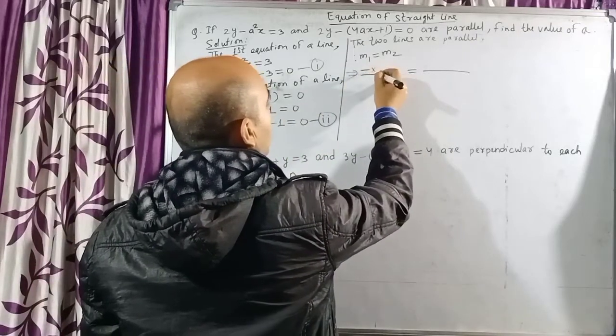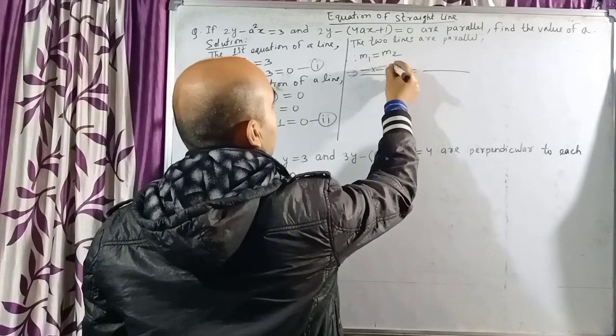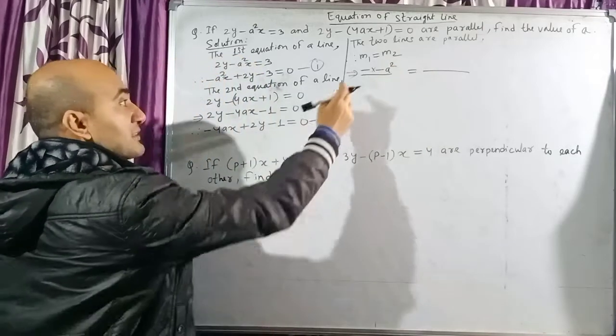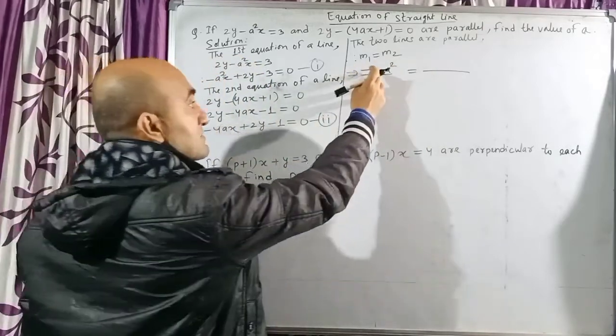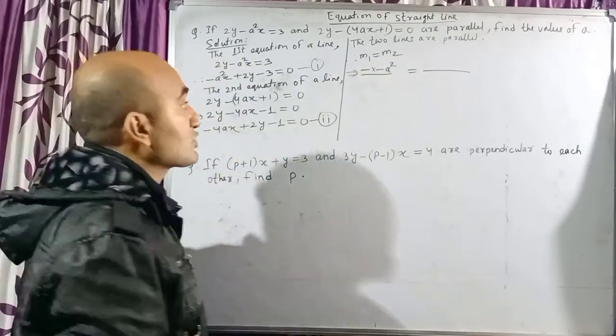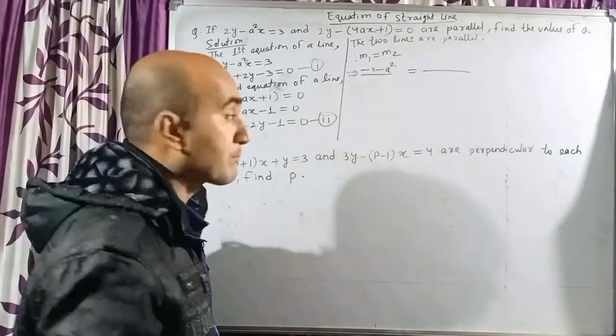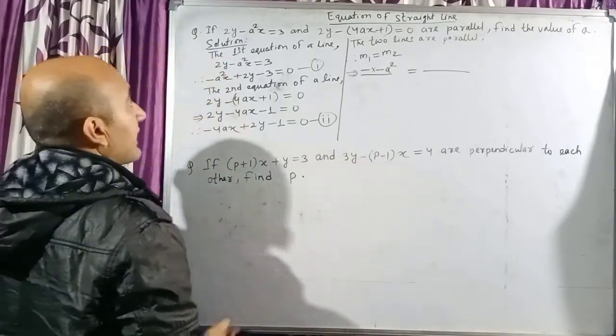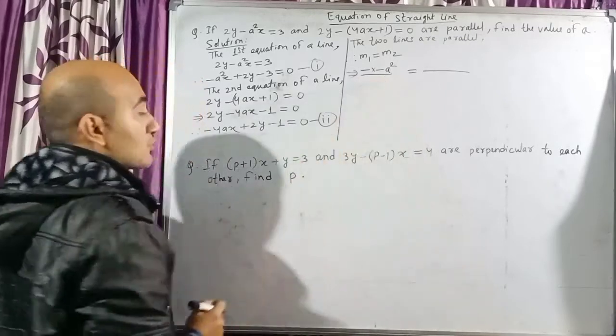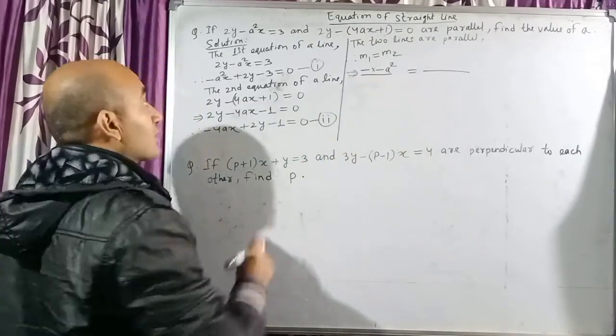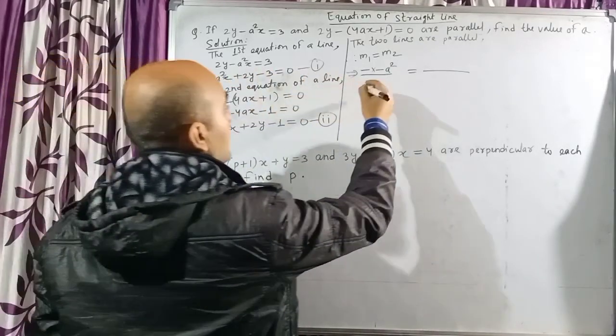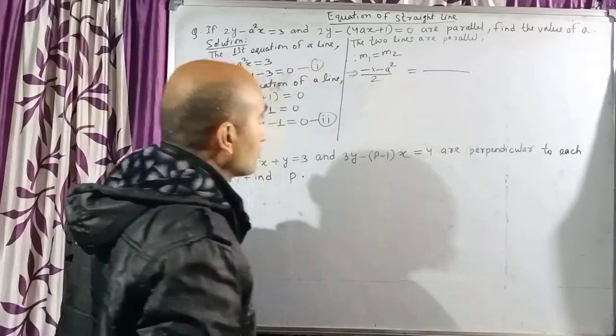So you can put minus a square. Point to be noted, this minus is the formula and this minus is the value. So minus into minus a square will become plus in the next step. And don't forget the down part, we have the denominator, the coefficient of y. Coefficient of y is plus 2, we will write only 2.